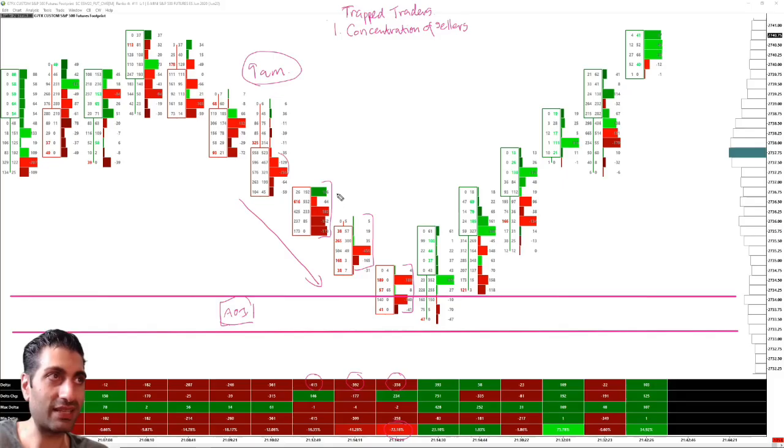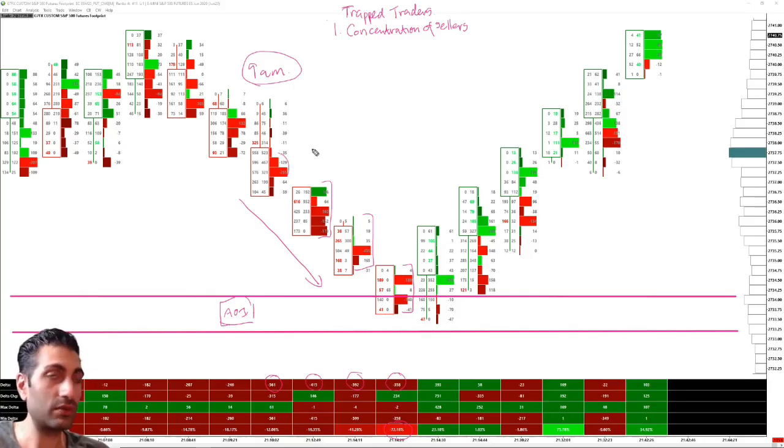Selling, selling, selling. And then I can check here on the table as well. It's clear. Delta, minus 561, minus 415, minus 592. This is a beautiful textbook example of sellers really getting aggressive. Concentration of sellers, and don't forget these are market orders, actual transactions. So that's point number one.